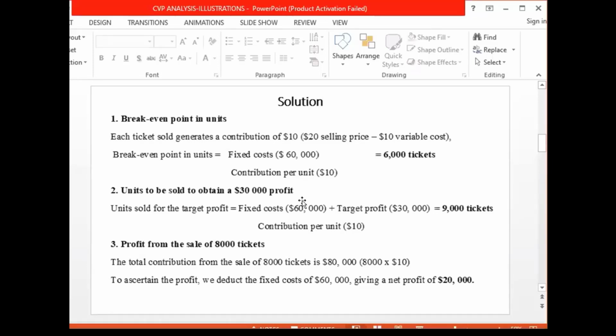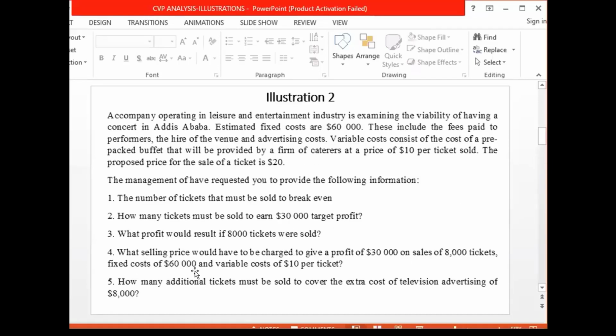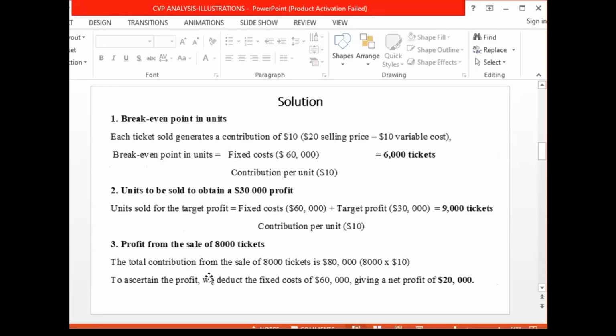So that is number 3. Doctor, I have a question on number 3. Good, yes. Any sales beyond the break-even quantity, that means beyond 6,000, is a profit. Then we are asked how much is the profit if 8,000 tickets are sold?